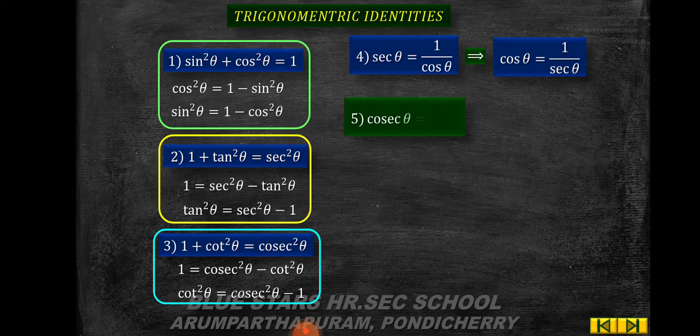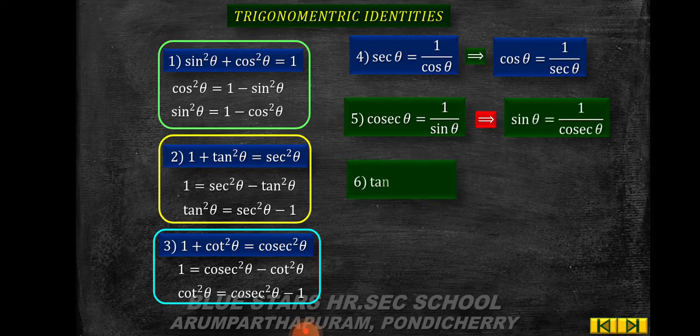Then the fifth one, cosecant theta is equal to 1 by sin theta. We already learned these trigonometric identities in the 9th standard, so this is just a recall, which implies sin theta is equal to 1 by cosecant theta. Then the sixth identity is tan theta is equal to sin theta by cos theta, which implies cot theta is equal to cos theta by sin theta.